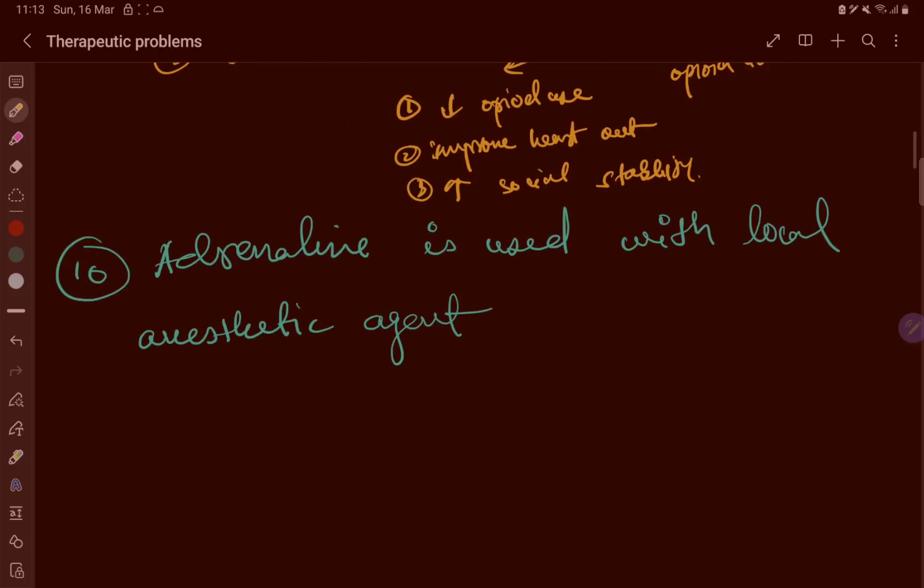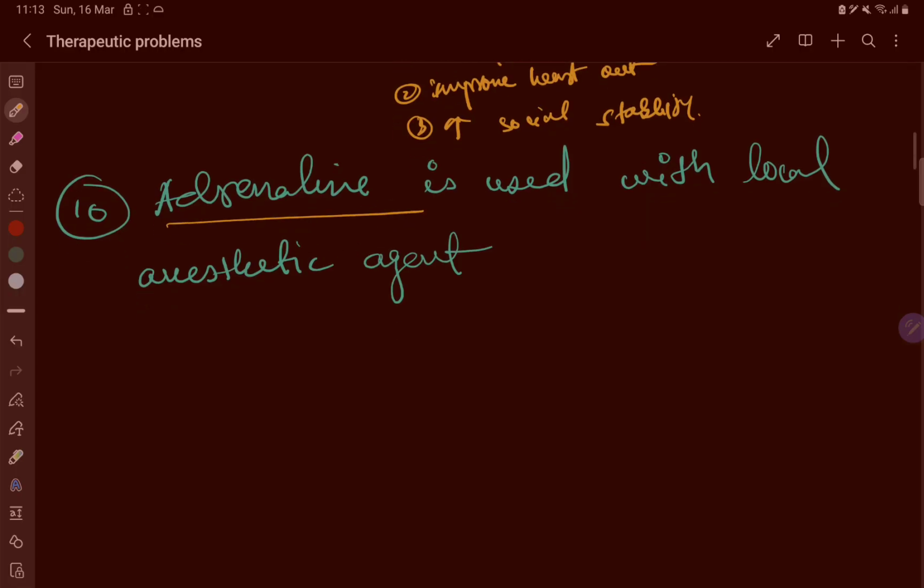Now it is a very important and very usually asked question. Adrenaline is used with the local anesthetic agent. What are the local anesthetic agents? Lidocaine, bupivacaine, mepivacaine.